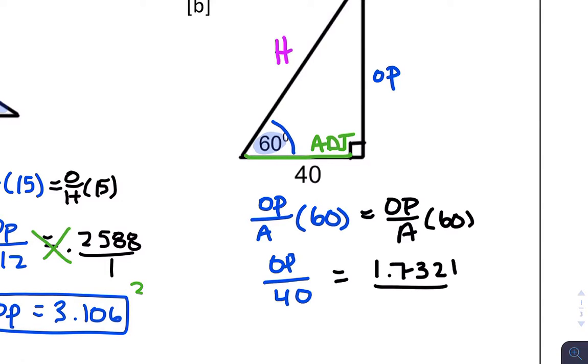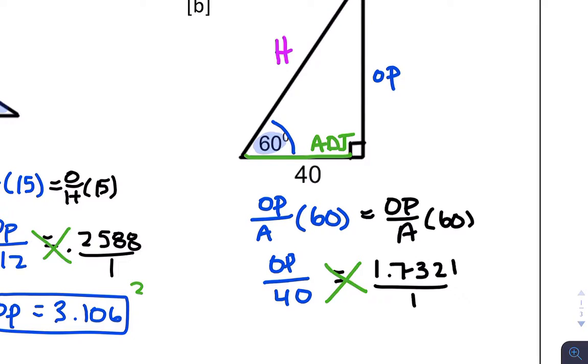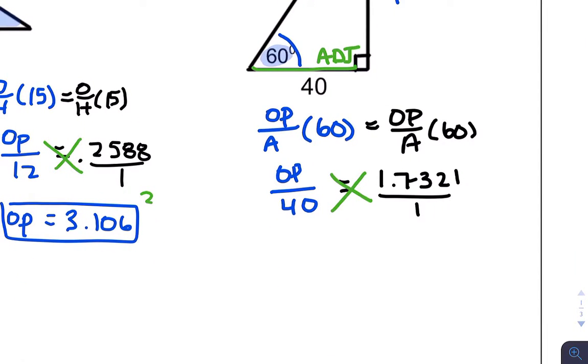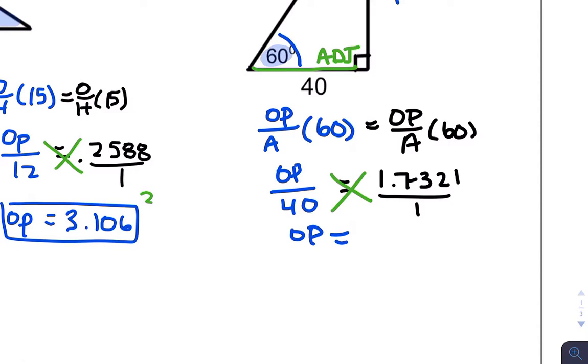Again, I'll put that over 1 to aid in my algebraic solving, because now we're just going to cross multiply. And after cross multiplication, we should find that this side, the OP side, is rounded, approximately equal to 69.2820.